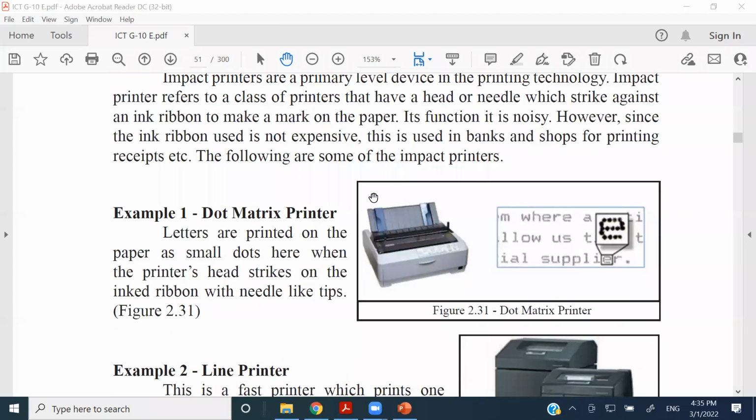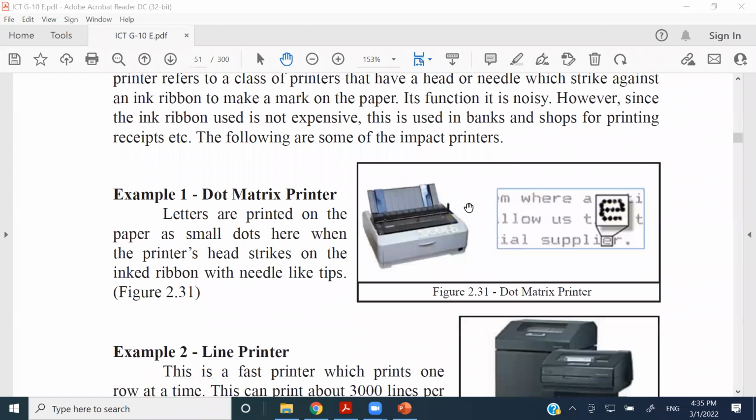Dot matrix printers are something like this, and they create a character using dots, right? If you look closely, we can see the dots, right? So what really happens is a particular head kind of thing.